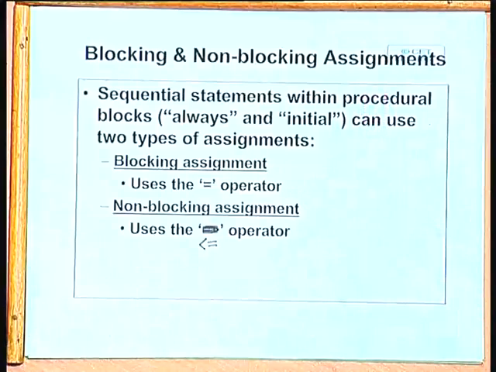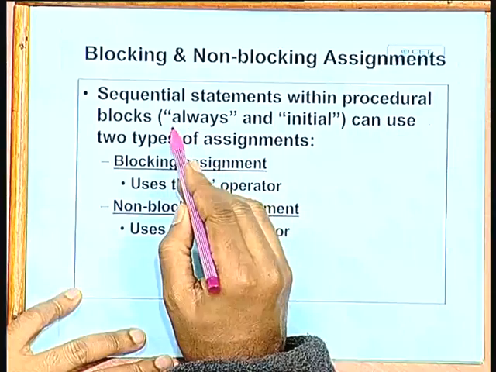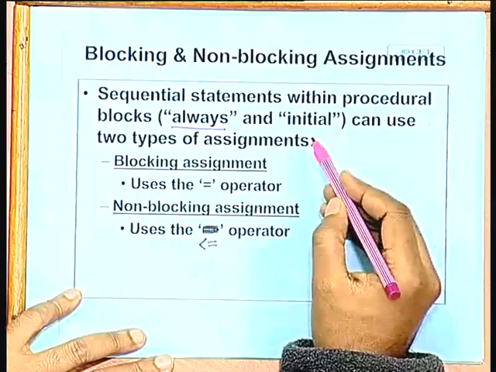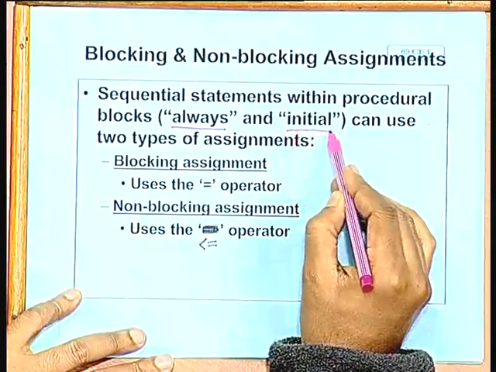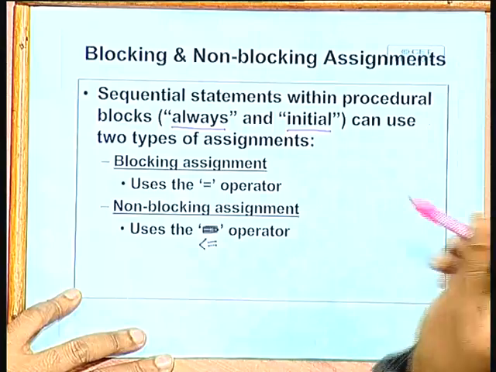There are actually two different kinds of assignments you can make inside a procedural block. You recall there are two different kinds of procedural block: always, which goes on indefinitely, and initial, which gets executed only once and is used in the test benches.